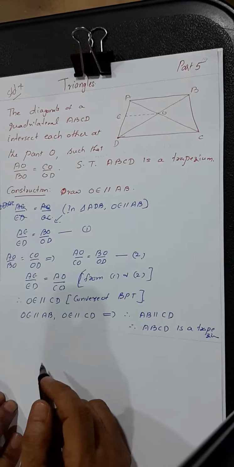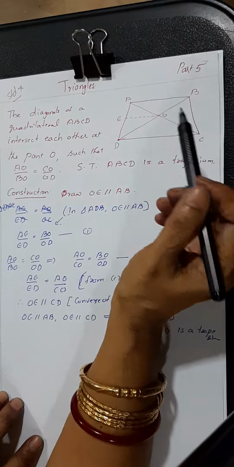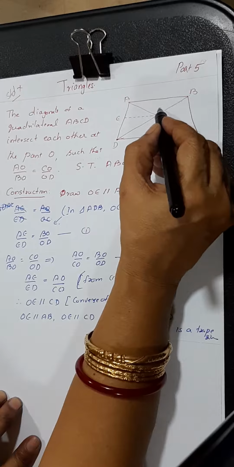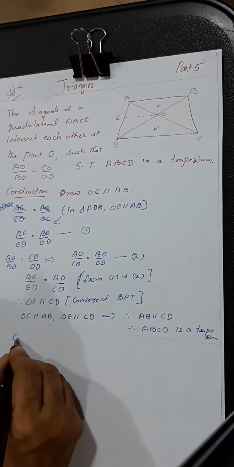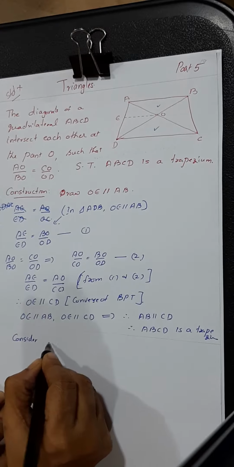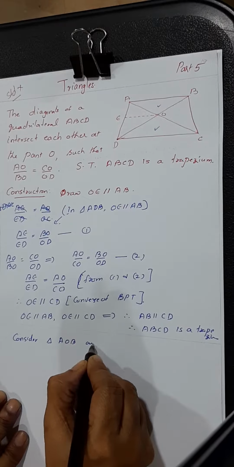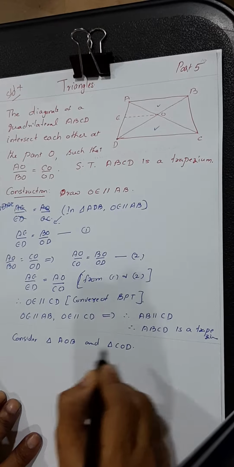Now we will use the criteria. We will consider these two triangles, triangle AOB and triangle COD.